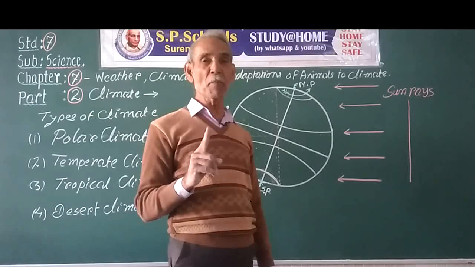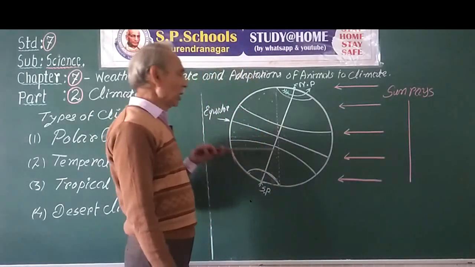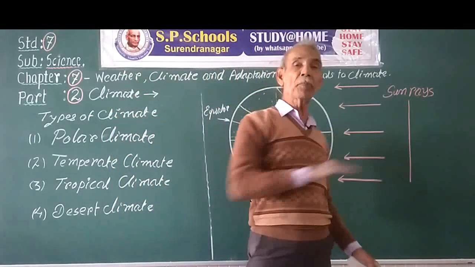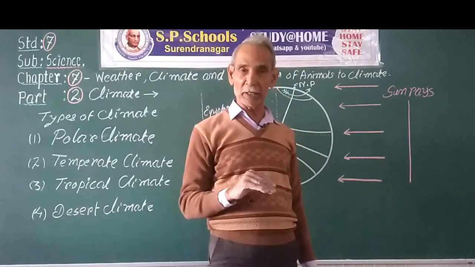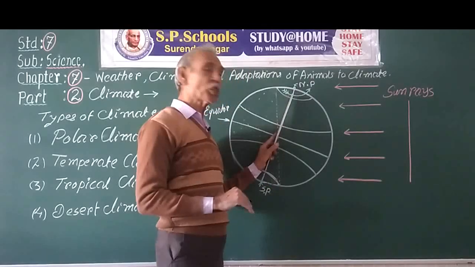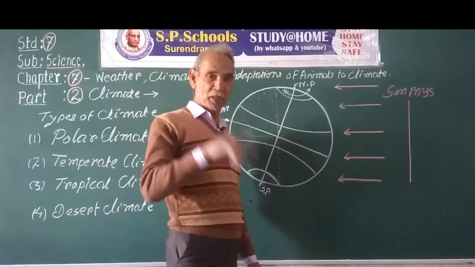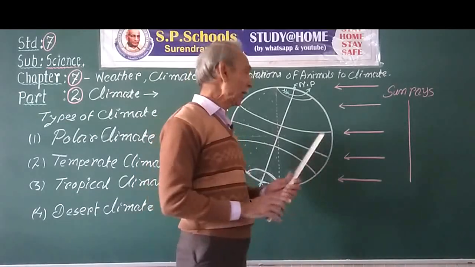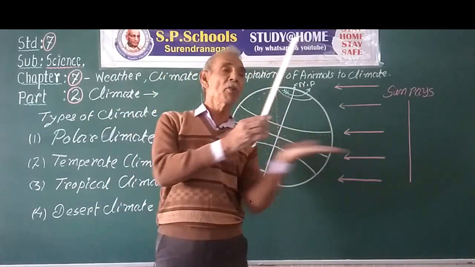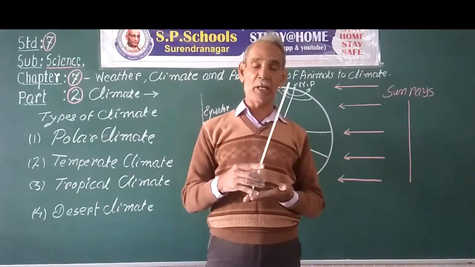Third thing which is very important for the Earth's motion is that if we consider the plane of the revolution of the Earth around the Sun and the axis of the rotation of the Earth around itself, then this axis of rotation makes an angle with the plane of revolution of the Earth around the Sun.